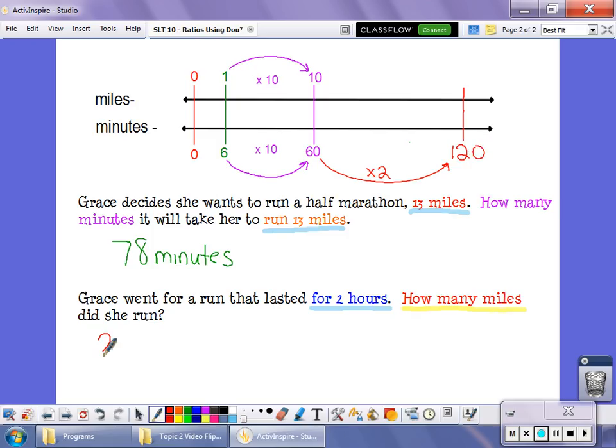And we know that 2 hours is 120 minutes. So if I can figure out how far she ran in 120 minutes, I'll know how far she ran in 2 hours. So if I multiply this amount on the bottom, 60 minutes, by 2, I need to multiply her number of miles by 2. And we can see that in 2 hours, she would run 20 miles.